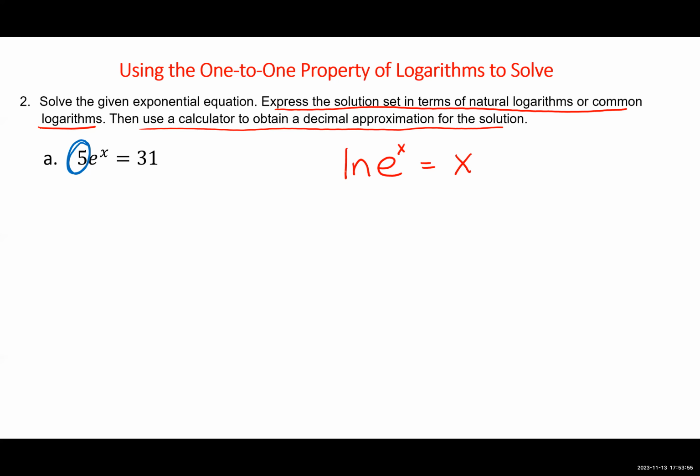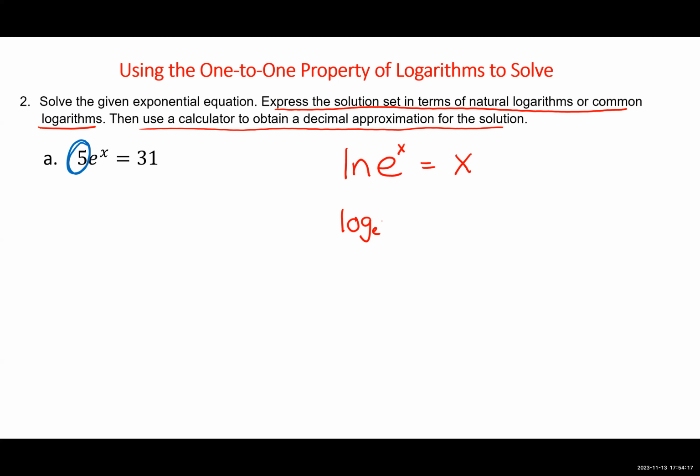Well, when we write ln for natural log, what we literally mean is log base e. You'll never see it written this way in a book, but that's what we mean. The letters ln, natural log, means log base e.